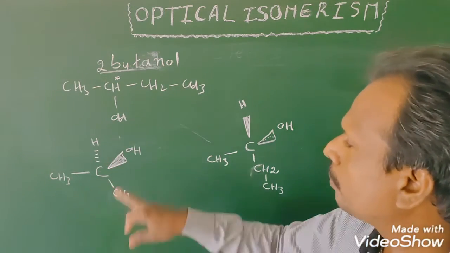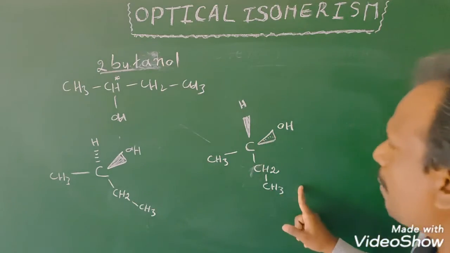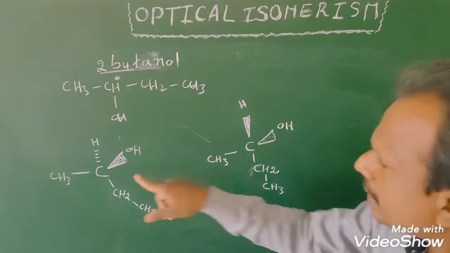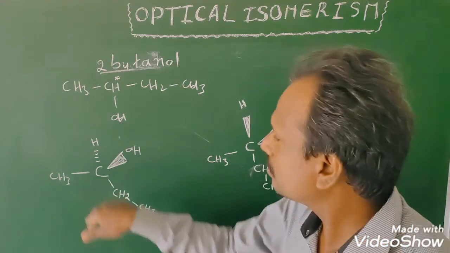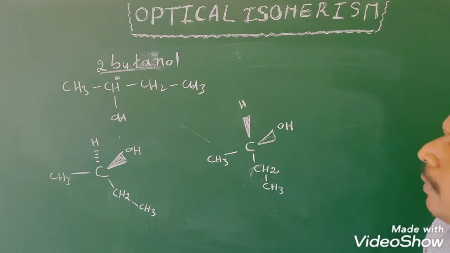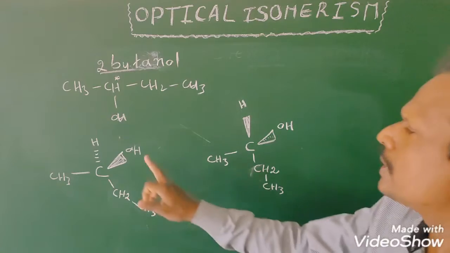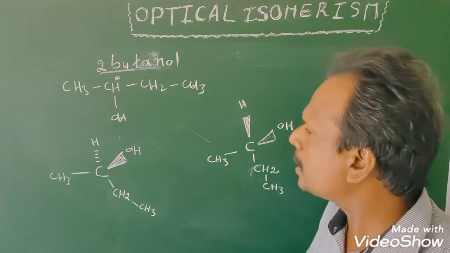In this compound, if four groups are clockwise, in the other compound they are anti-clockwise, and vice versa. How they are arranged is decided by the two types of orientation possible around the chiral carbon. These four groups are oriented around the chiral carbon in two ways.